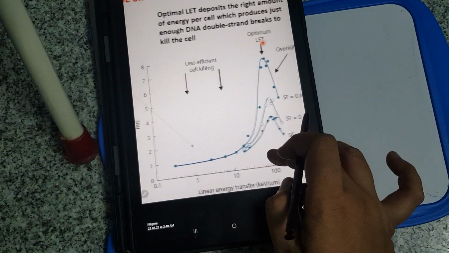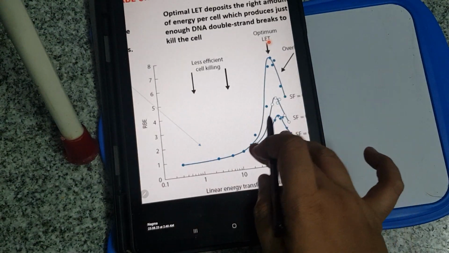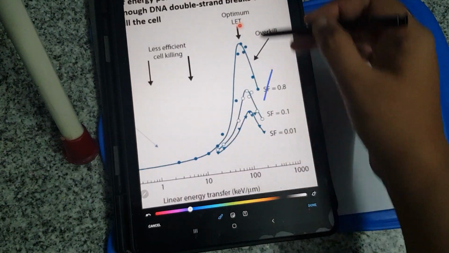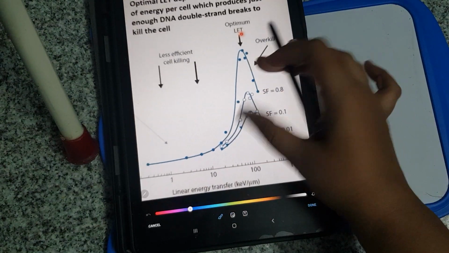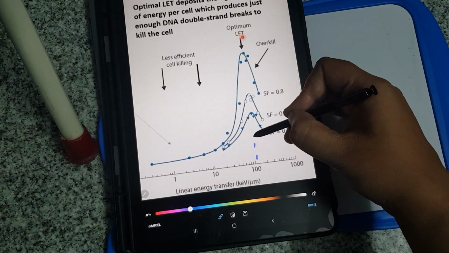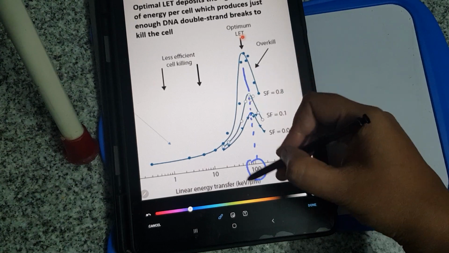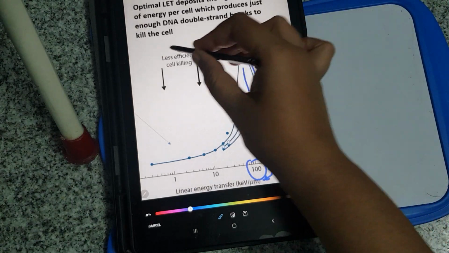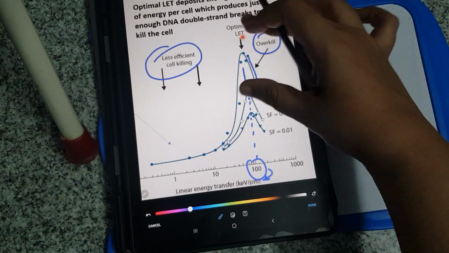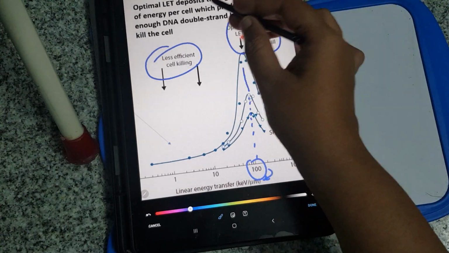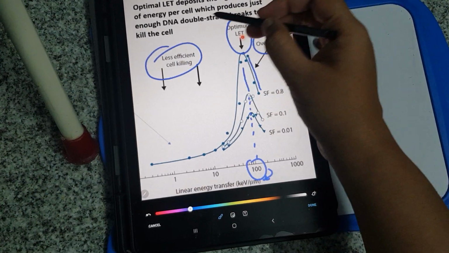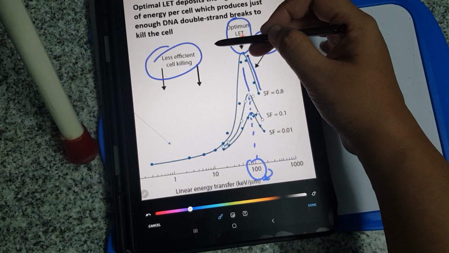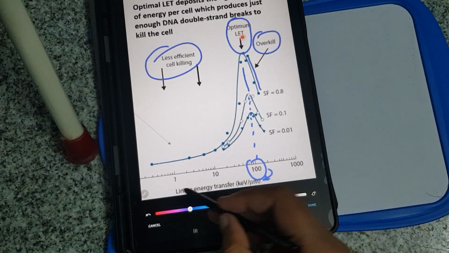Again, this is the linear energy transfer and this is the RBE. This is the optimum LET at 100 keV per micrometer, and anything more than that is overkill, anything lesser is less efficient. So optimum LET deposits the right amount of energy per cell, which produces just enough DNA double strand breakage to kill the cell, like I showed in the previous image.